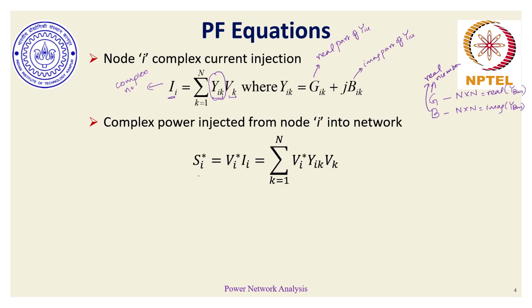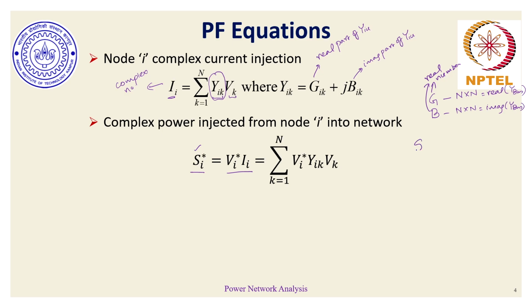We have seen this expression of complex power in our first module on basic circuit principles, where complex power is the product of the voltage phasor and the conjugate of the current phasor. For convenience, I have intentionally evaluated the conjugate of the complex power, so the conjugate, instead of appearing over the current, is coming over here.